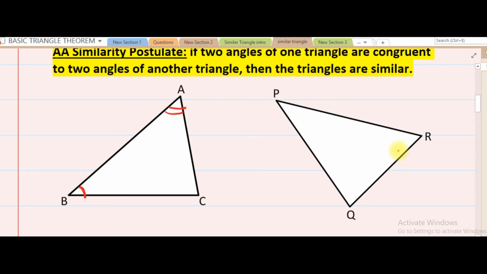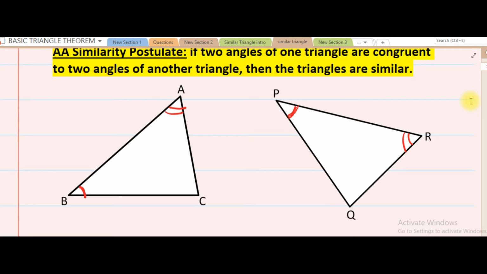So if two triangles have the same two interior angles, you know that the triangles are similar by the angle similarity postulate. Meaning we need to check whether they have the same two angles inside the triangle.